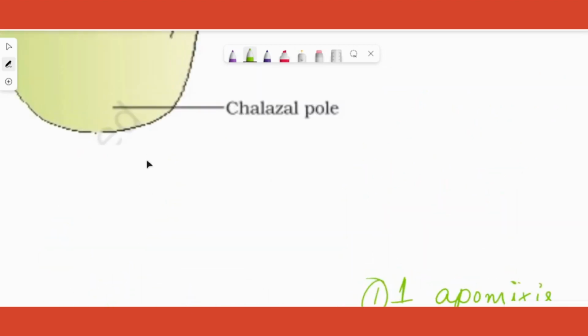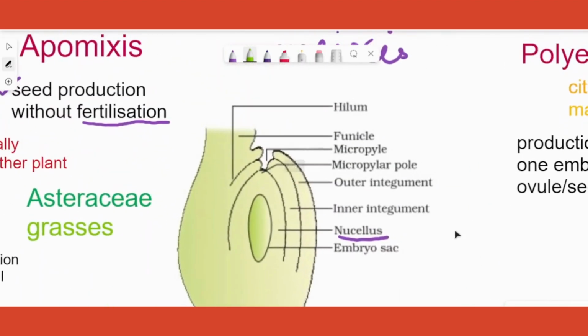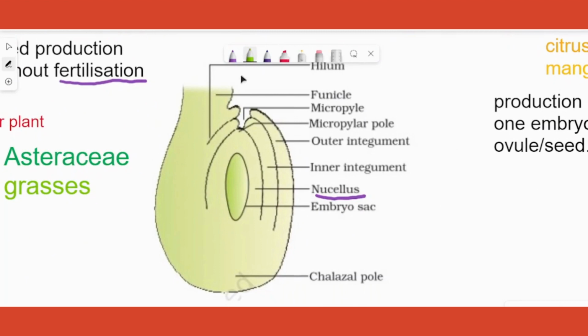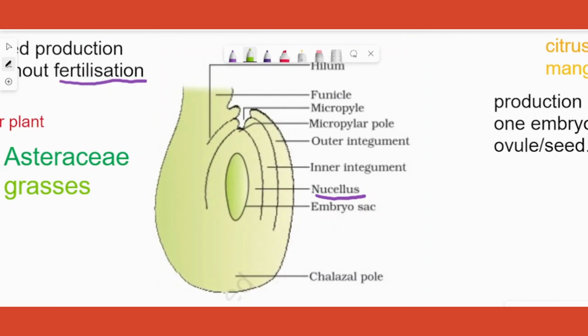The other method is that all the meiotic division and everything has already been done, and an embryo sac has also developed here. The embryo sac has all the 8 nuclei and 7 cells and everything is there. Still, there is no fertilization or no availability of pollen, let us say.